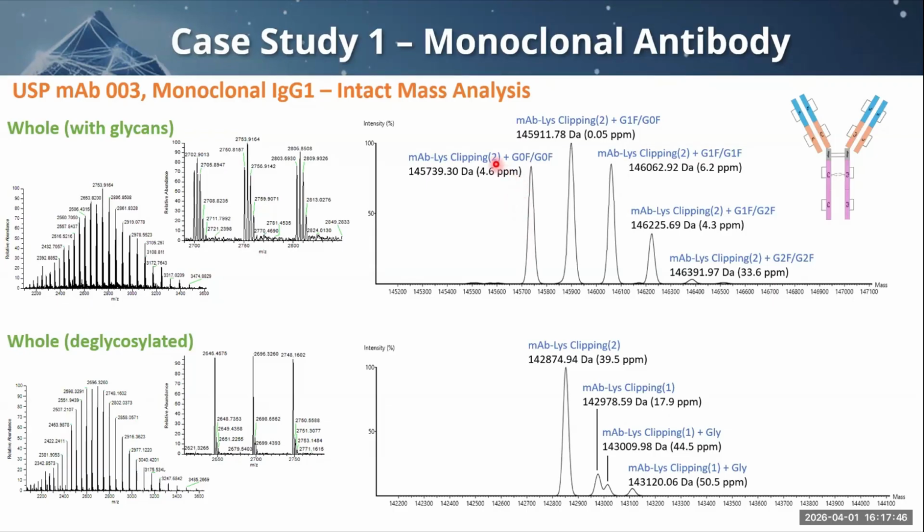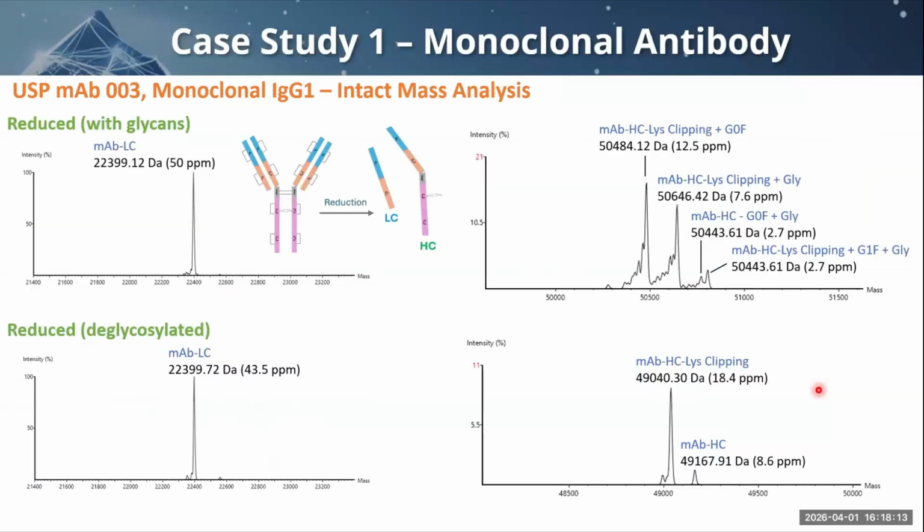We're also seeing lysine clipped here. These are the species that we detect, comparable to what is in the literature for this molecule. If you look at the intact deconvoluted spectrum of the deglycosylated forms, no glycans are detected on the species, as expected. It's predominantly your deglycosylated intact molecule, as expected.